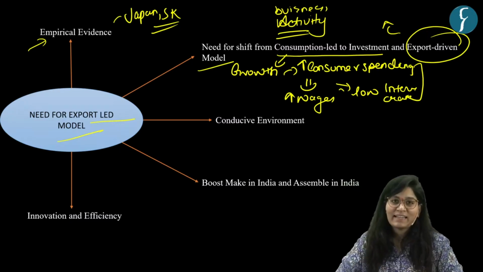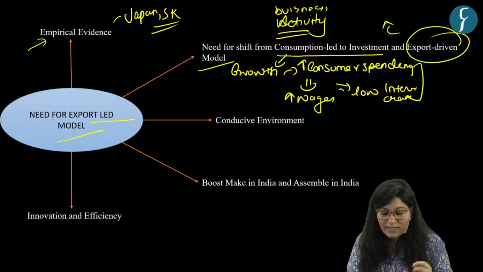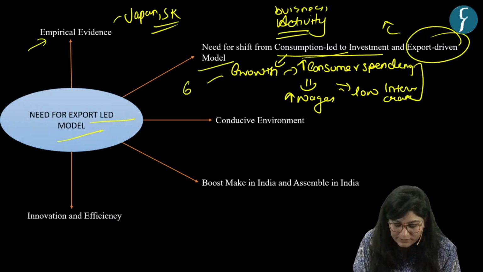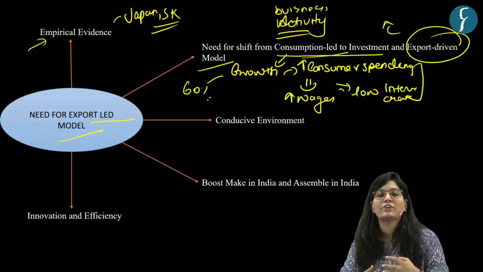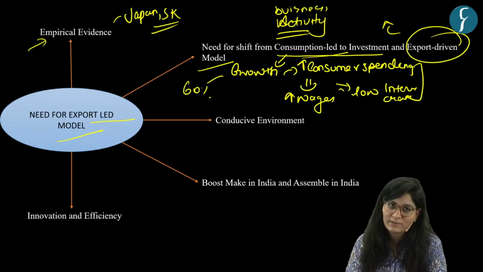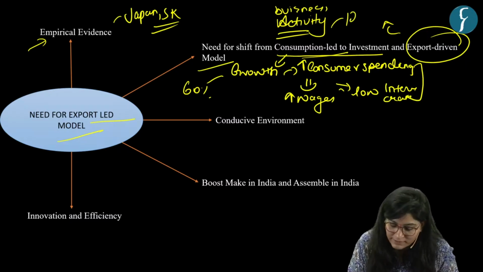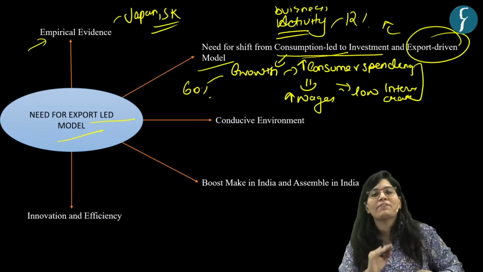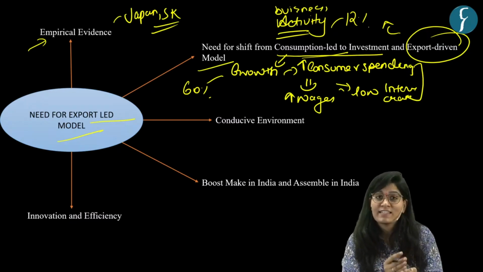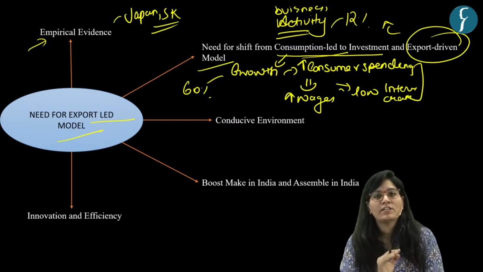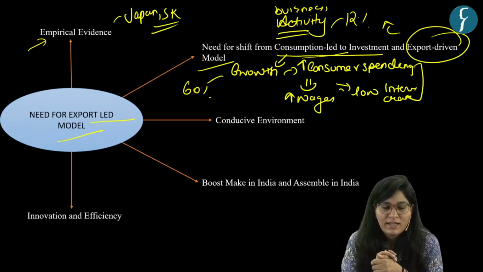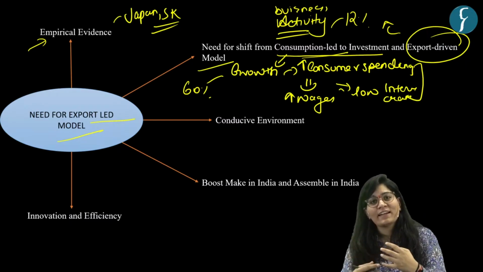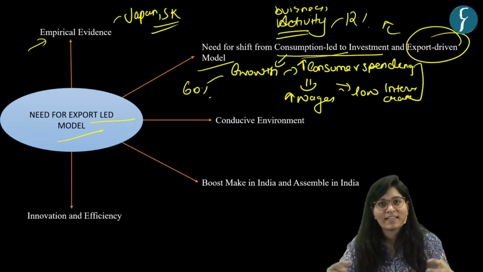So currently, India is having more of a consumption led model, because 60% of our GDP is coming from this model, and only 12% is coming from the export driven model. Now, if India is aspiring to become a $5 trillion economy, do you think that India can literally do it by depending only on domestic activity?